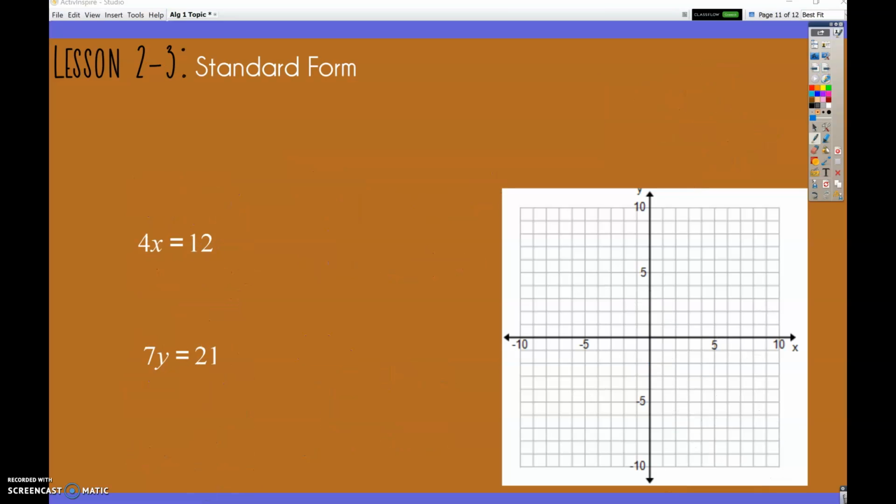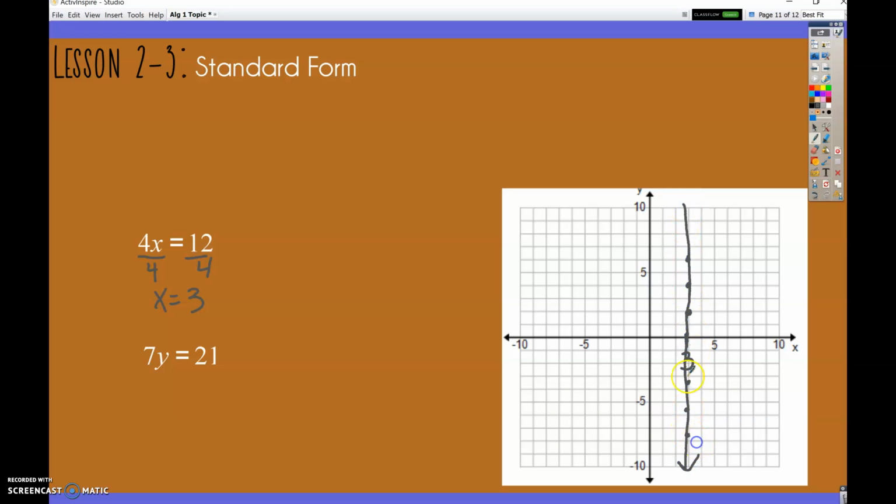Now sometimes you'll have equations that say 4x equals 12, and they want you to graph the equation of a line. If I divide by 4, I get x equals 3. Notice how there's no mention of y. This says it doesn't care about y. All it cares is that x equals 3. So all of these dots along this line have an x value of 3.